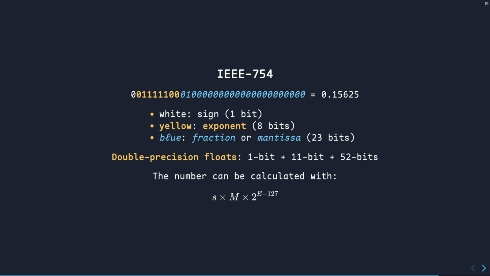When you're working with decimal numbers and writing down a scientific notation, you want to have the first number in your fraction be a non-zero number, because otherwise you can just remove the 0, then multiply everything by 10, and decrement the exponent by 1, and you would still have the same number in theory. But with binary, there is only one non-zero number, which is 1.